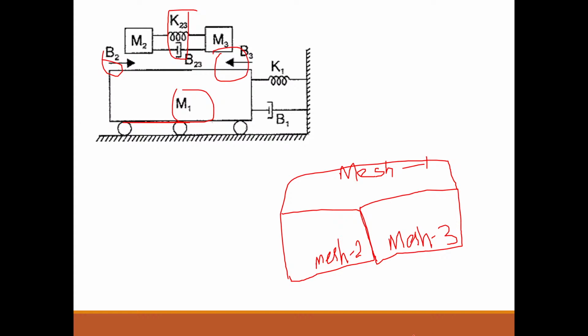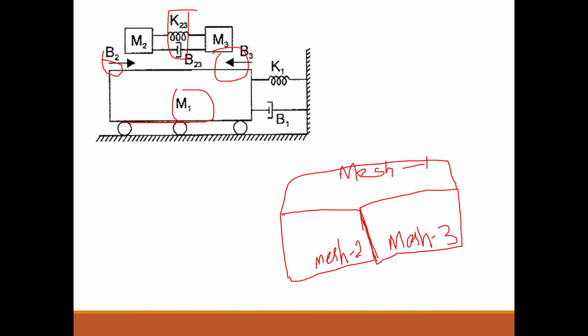So there are three masses, so three meshes, and there are common elements between mass 2 and mass 3. Therefore, we put a common branch between mesh 2 and mesh 3. Mass 1 has common elements with mass 2 and mass 3, therefore I have drawn mesh 1.